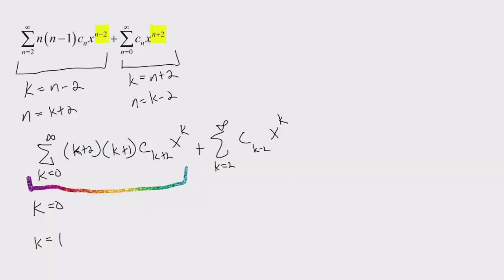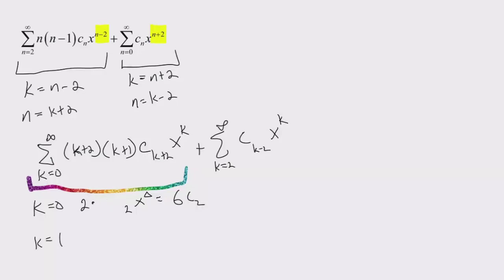So at k equals 0, I get 2 times 3, and that's c2, x to the 0, which is 6c2. Sorry, I just caught my mistake here.